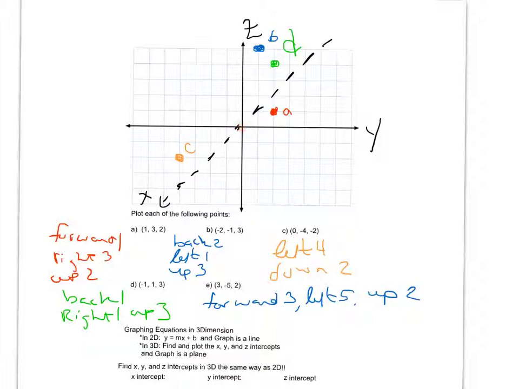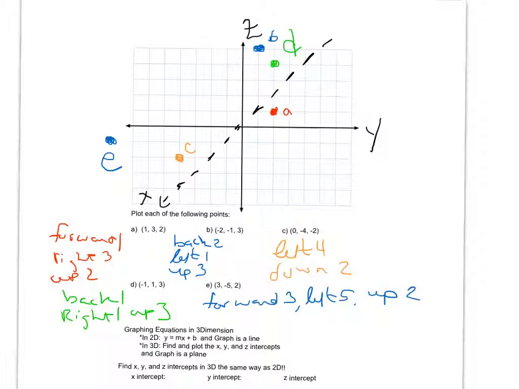So forward 3, left 5, I'm off my graph, but that's okay, I can adjust, up 2. I think I'm somewhere about right here. And then that's going to be my E.